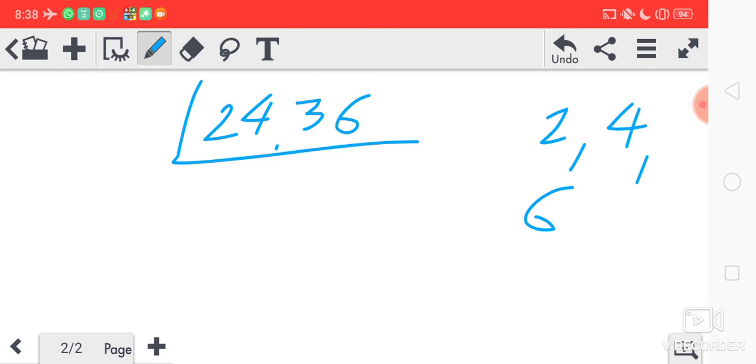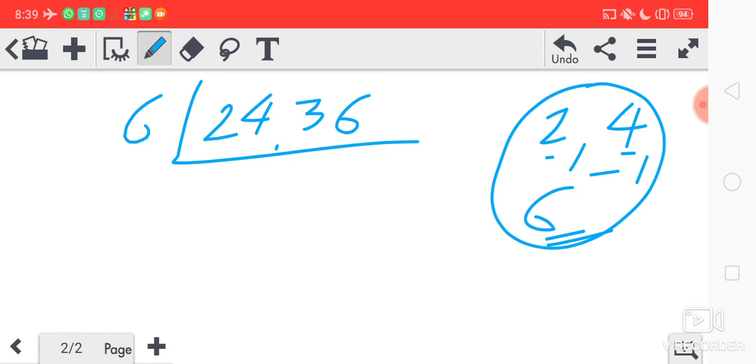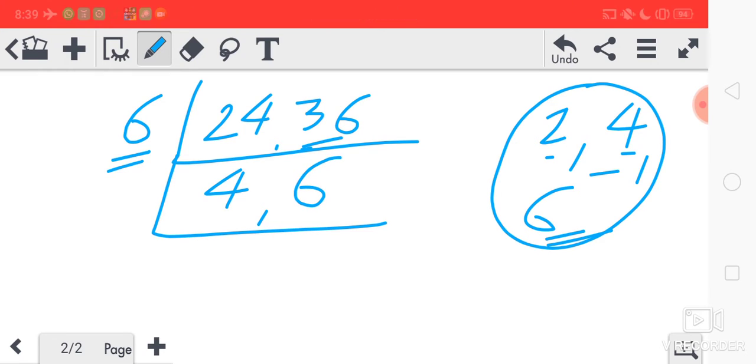So among 2, 4, 6, which one is the greatest? 6 is the greatest, so we'll take here 6. So 6, 24, how many times will we get 24? In 4 times, 6 4s are 24, so we'll write here 4. Then 36, in the table of 6, in how many times will we get 36? 6 6s are 36, so we'll write here 6.